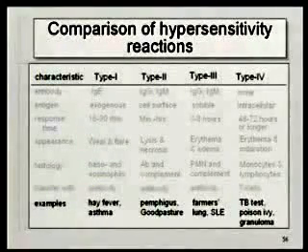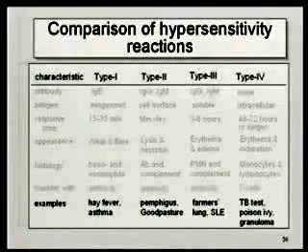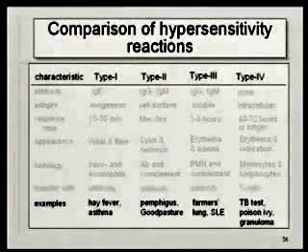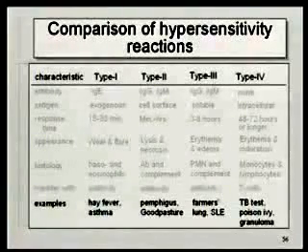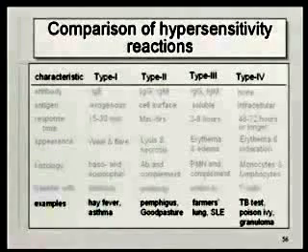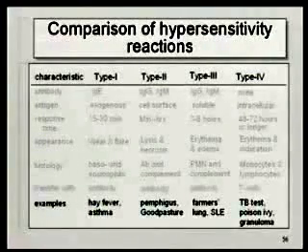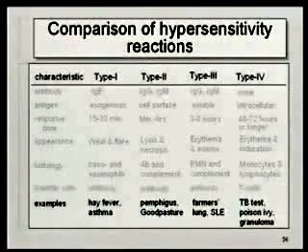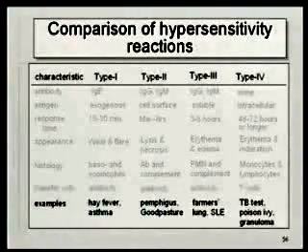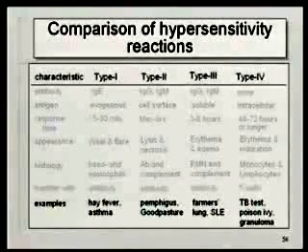Examples I've already given you as we went along. Hay fever, asthma is the most common example of type 1. Pemphigus, goodpasture, I showed you pictures of, are examples of type 2. Farmer's lung or SLE, systemic lupus erythematosus, particularly, is a very well-known example of type 3 hypersensitivity.